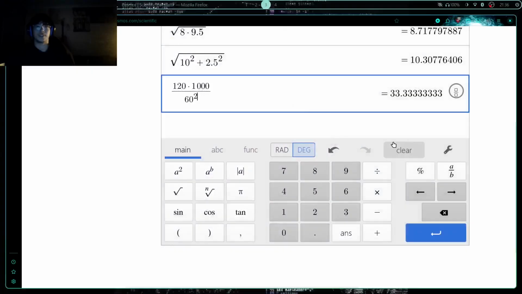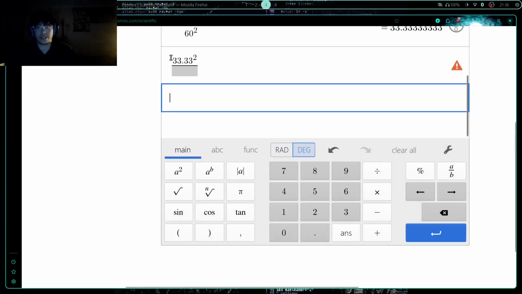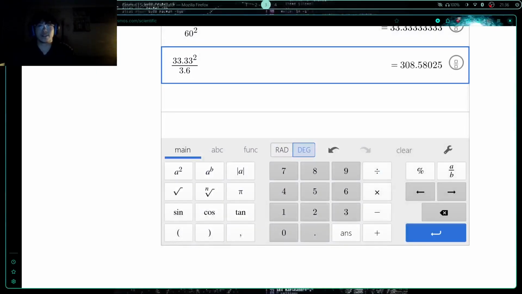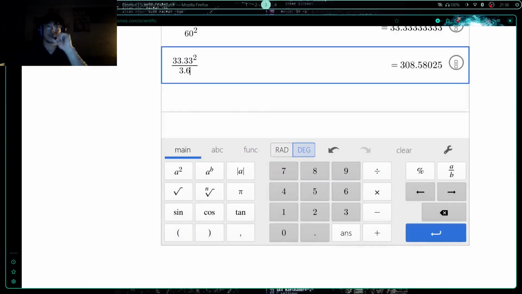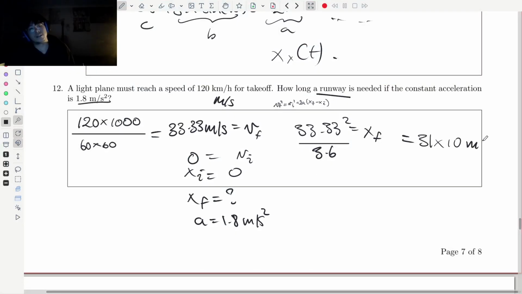Now we can just put this into a calculator. We get 33.33 squared over 3.6, which is 308.58. And we are in two significant figures, so this is just 31 times 10 meters.